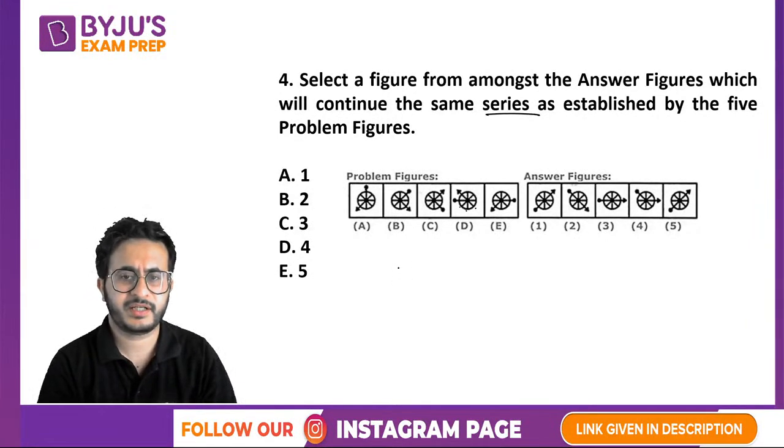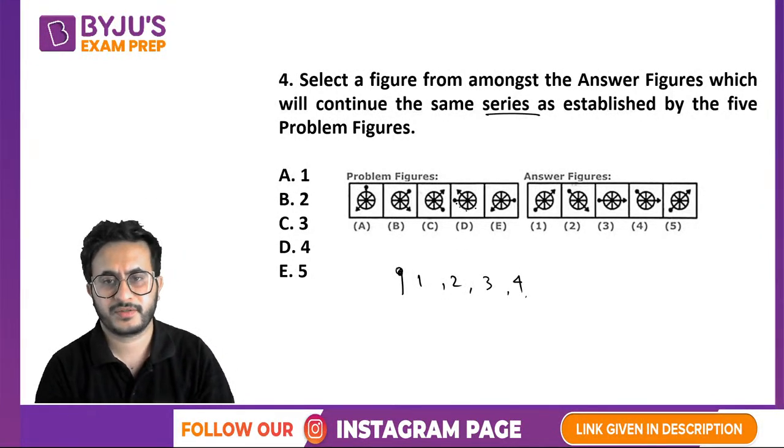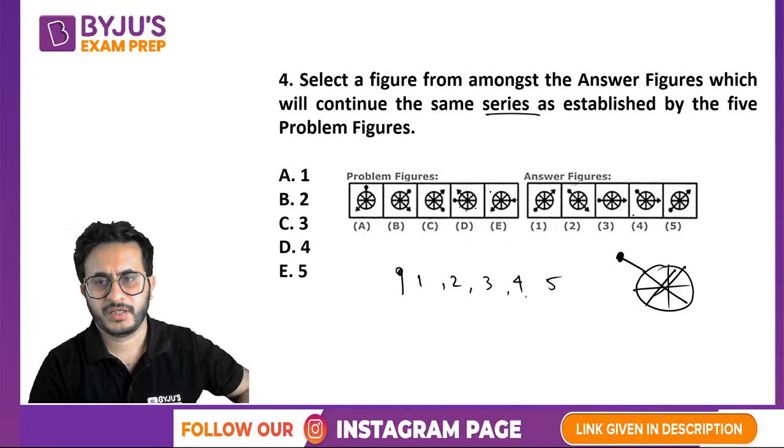So this circle is moving 1 step, then 2 steps, then 3 steps, then 4 steps, 1, 2, 3, 4. Okay, so it will move 5 steps. So 5 steps means 4 is exactly opposite, 5 will be here. So this thing will come this side.